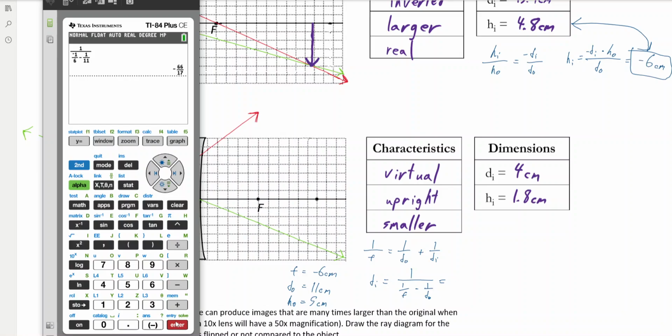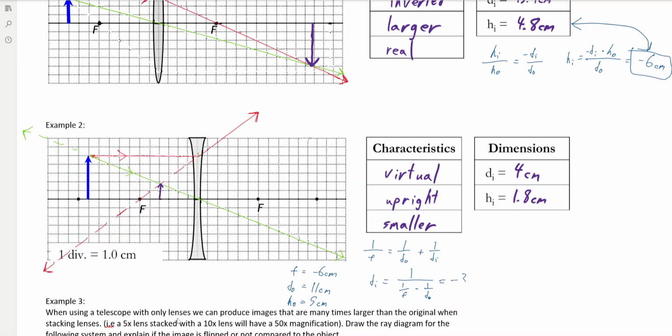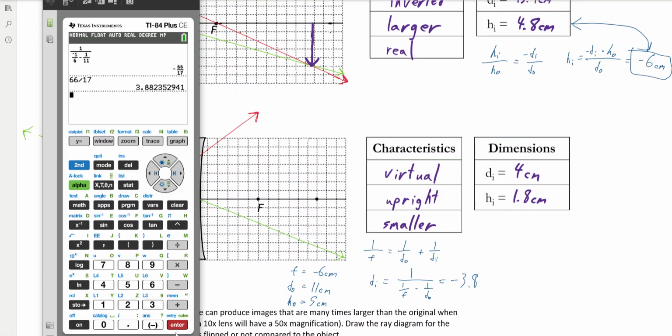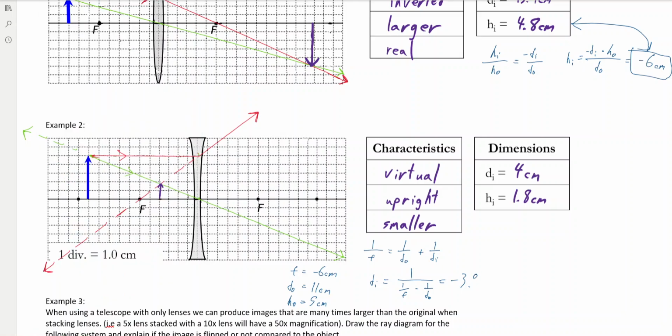And so I'm just going to convert this to a decimal, we get a result of negative 3.88. So we're going to just say negative 3.9 centimeters for our DI. Okay, this one's closer. Look at that. That's a lot closer. Now let's go ahead and solve for our HI.